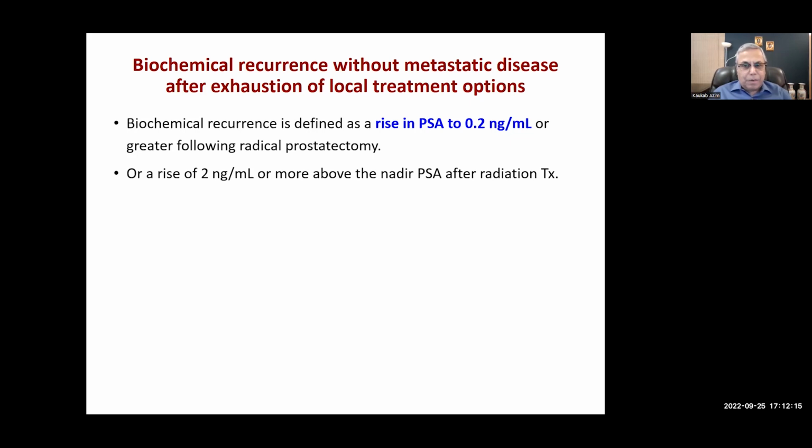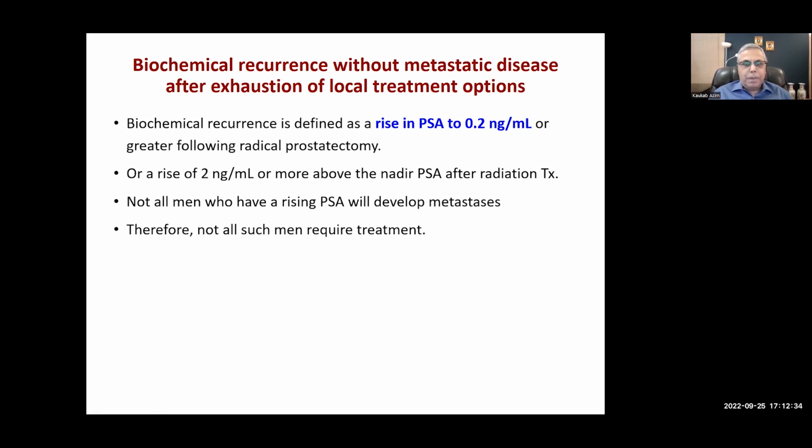After many months or after many years, it started rising again. And if it rises by 2 nanogram, we call it a biochemical recurrence. So not all men who have rising PSA will develop metastasis. The disease could still be localized. So not all of them require treatment.